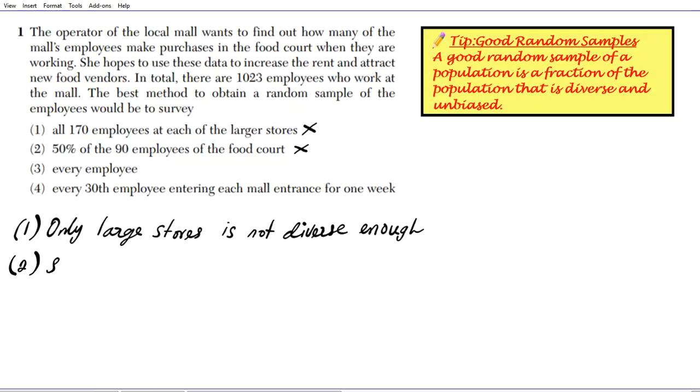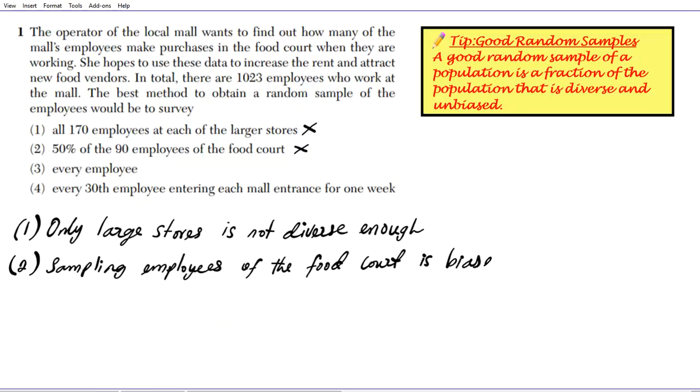Why? Well, because sampling employees of the food court is biased. You want to try and make your selection as unbiased as possible. Why is it biased?